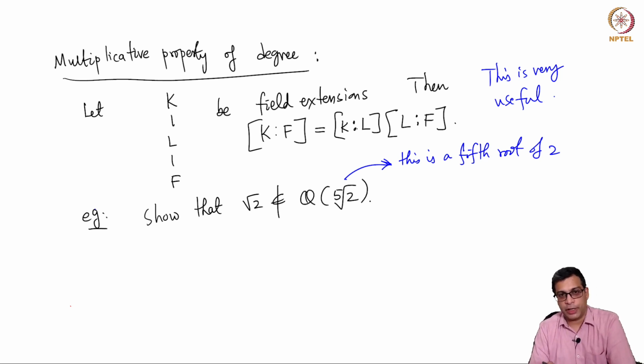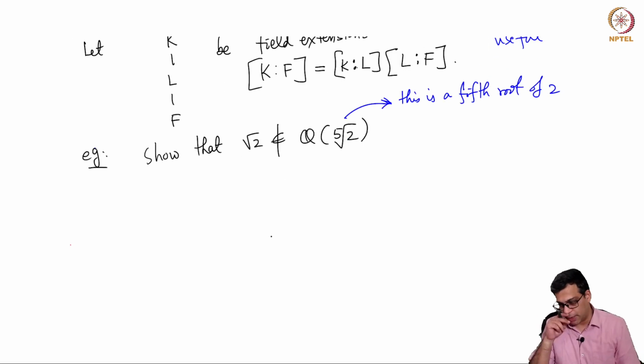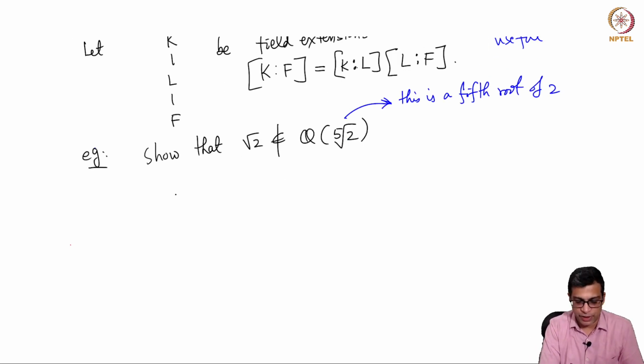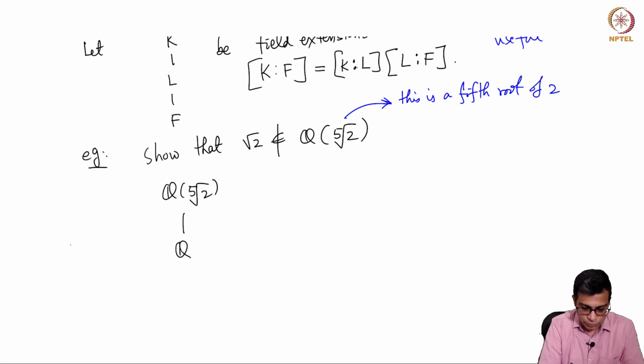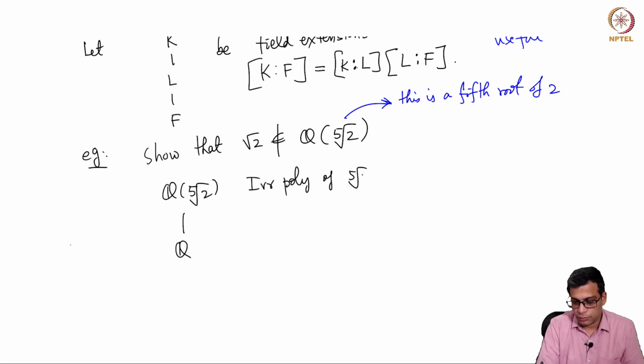See, this kind of statement, if you try to do it from first principles, is a bit tricky because you have to work with arbitrary elements of Q adjoint fifth root of 2, and show that none of them has the property that its square is 2. Whereas if you use the multiplicativity of degree, this becomes very easy. What is the degree of this extension? What is the irreducible polynomial of fifth root of 2 over Q?